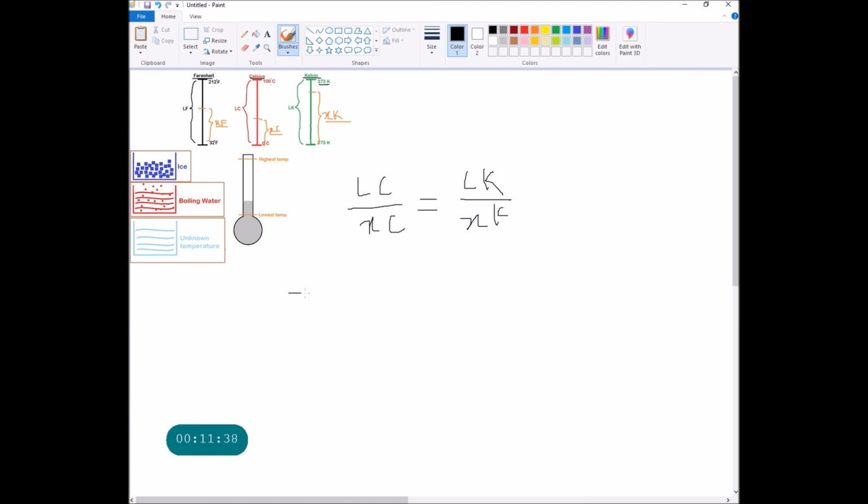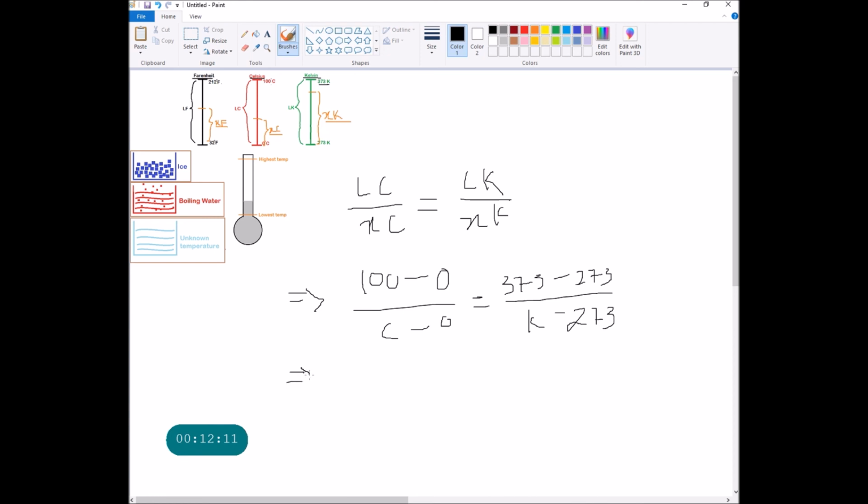As we already know, LC is 100 minus 0 and XC is C minus 0, and in the Kelvin scale LK is 373 minus 273 divided by K minus 273.